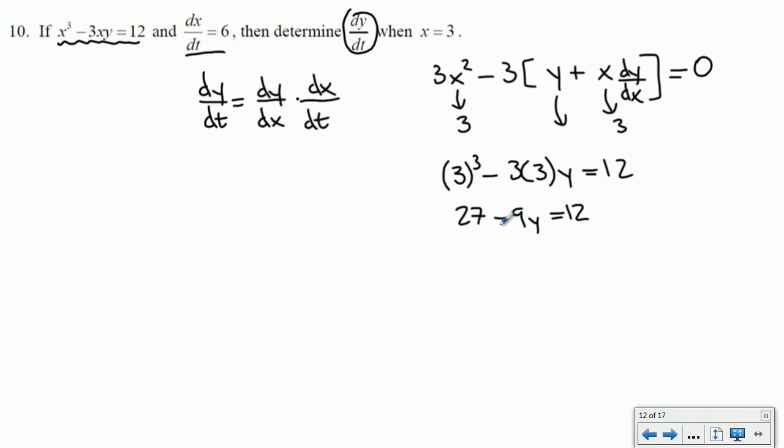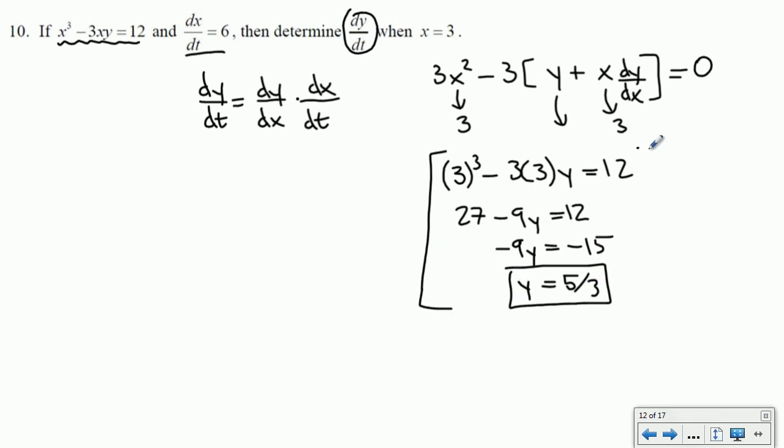Simplify, we can subtract both sides by 27. So we'd have negative 15, and then divide both sides by negative 9. So we would get 5/3. So now we know what y is. We can sub that in here.